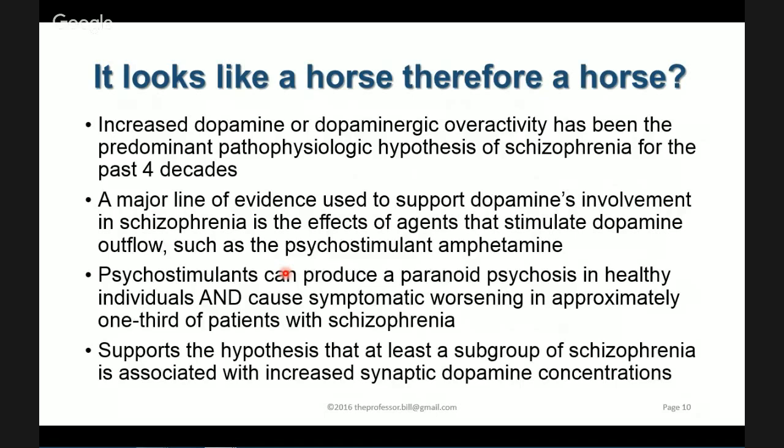I'm going to give you some lines of proof that this is really important, and this is why everyone was looking for a problem with the dopaminergic system. When you found a new gene related to schizophrenia, it had to be related to dopamine, because we knew there were problems with the dopamine system, or it had to be a dopamine receptor that was being affected, or something that bound to a dopamine receptor.